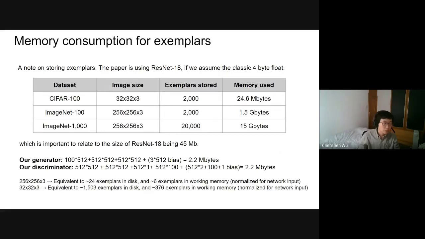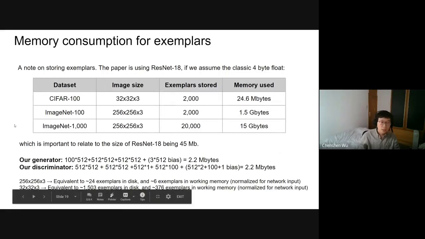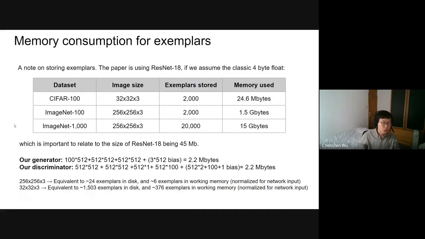Okay, in this slide, I'm showing the memory usage of our method compared to other methods that are using exemplars. For example, the ResNet 18 that we are using as our feature extractor takes about 45 megabytes.